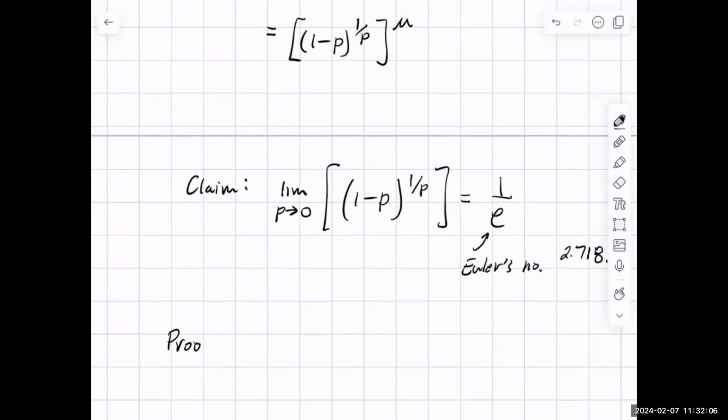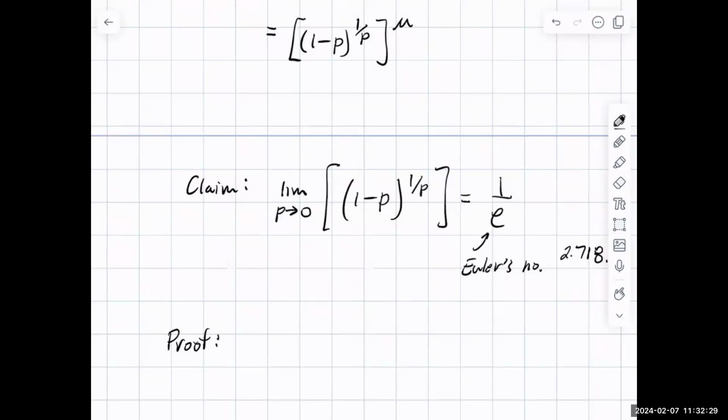So here's our proof. Before we do the proof, we're going to say, if this is true for small p, and we assume that our Poisson distribution is the small p limit of the binomial distribution, then everything in the square brackets here is going to be 1 over e, and we're just going to raise that to the power of mu. That's all we're going to do.